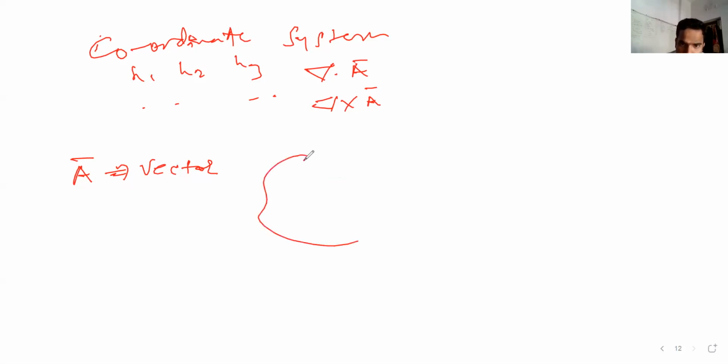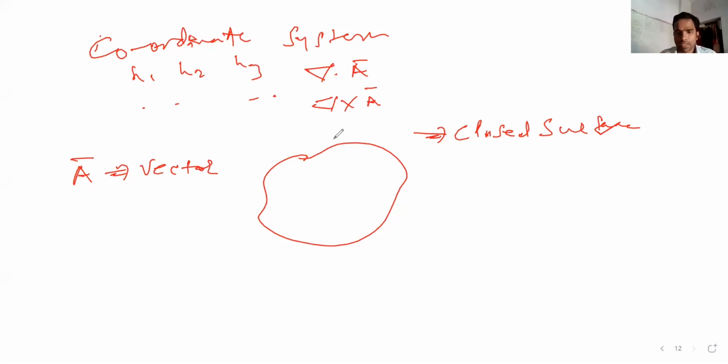This is a closed surface. So just remember the word closed surface. When you say closed surface, it means that it encloses some volume, and vectors are coming out of it. In the case of the electric field, this is D bar or E bar.